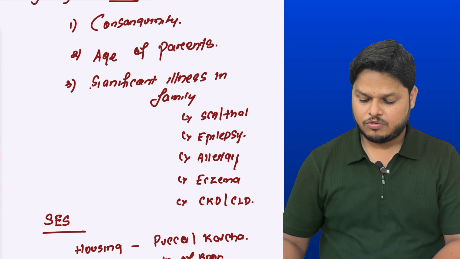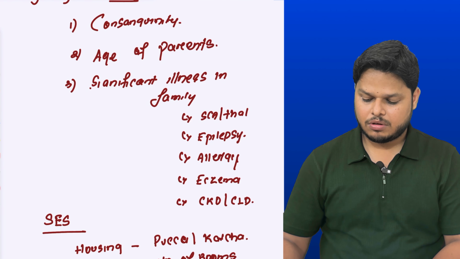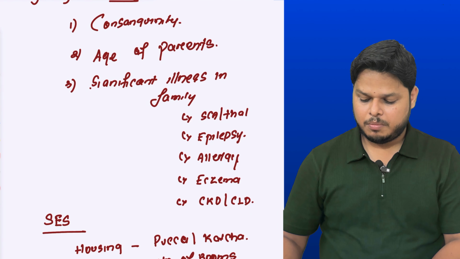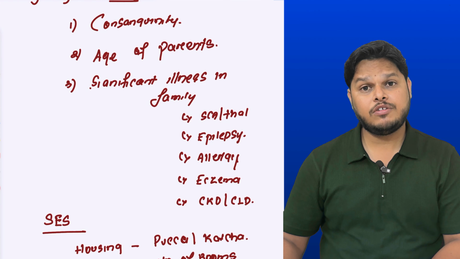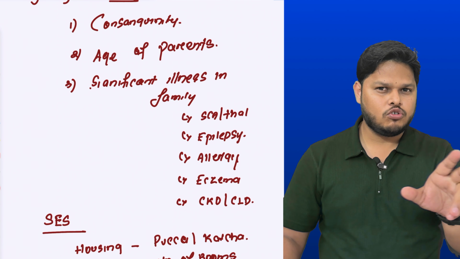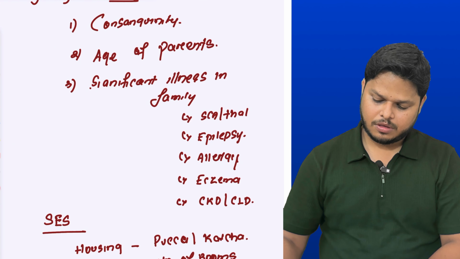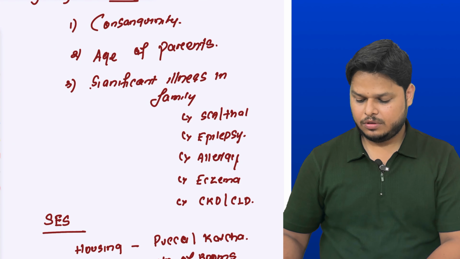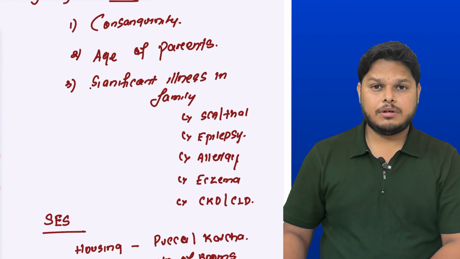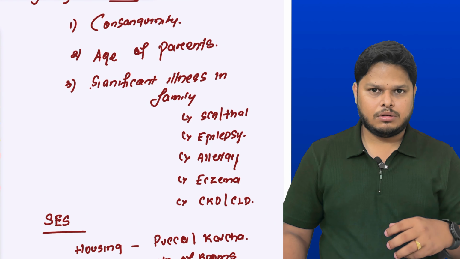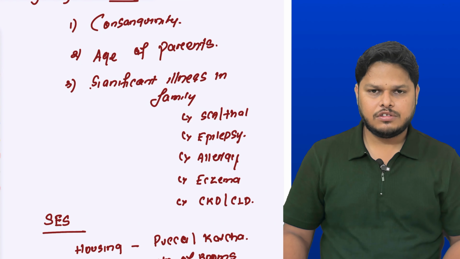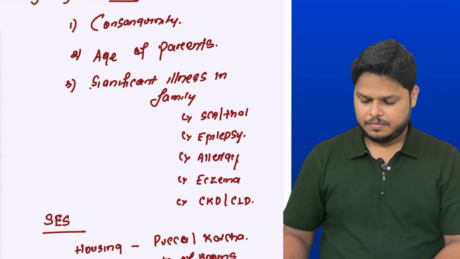What are the number of rooms? Number of members. Why number of members? To see if there is any overcrowding. Which diseases are very prevalent in overcrowding situations? Respiratory illnesses.